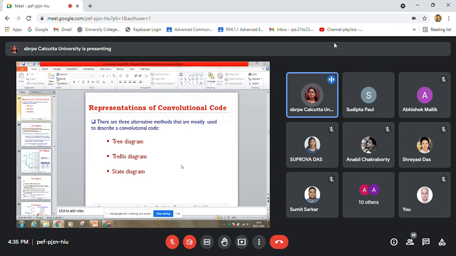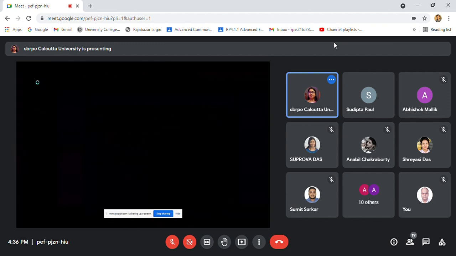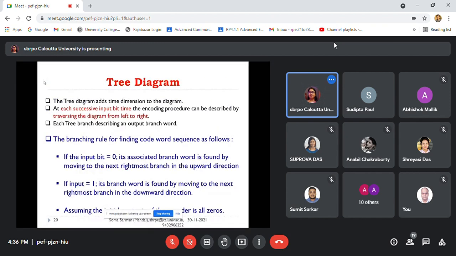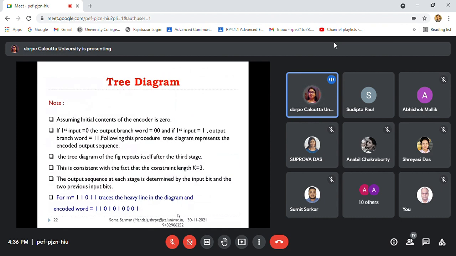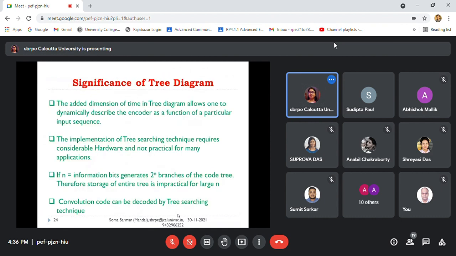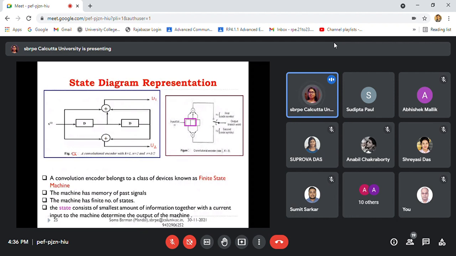I already mentioned the tree diagram, so this was the tree diagram and I'm not mentioning it again. Today we'll be starting from the state diagram representation.